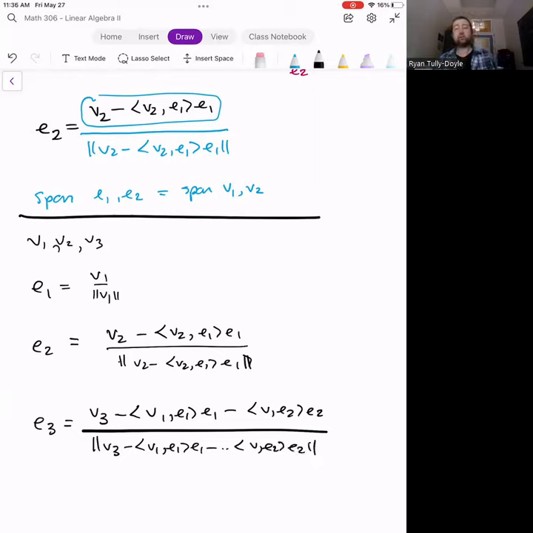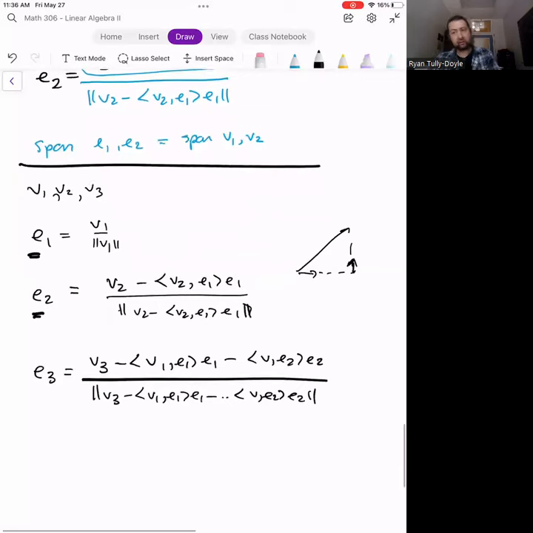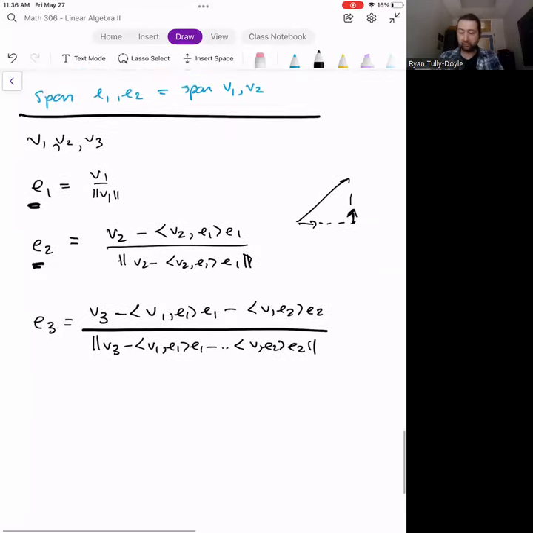So a 3-vector set is more steps, but the same idea applies, right? We start with E1, which we get by just normalizing the first vector in the set. We take V2 and we do this with it, where we say, okay, I'm going to do this unit vector pointing out in this direction right here. In the E3 case, I do it twice because I have 2 vectors I need it to be perpendicular to. And so the point is, if I subtract the projection onto E1 and I subtract the projection onto E2, then the vector that's remaining is orthogonal to both of them.